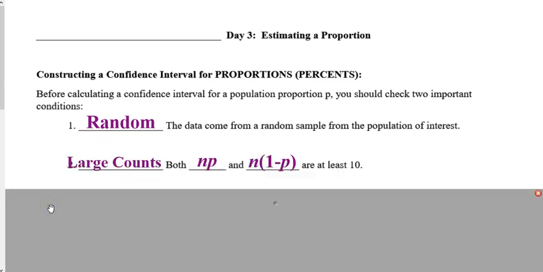Also, what we've already done, the large counts check. We've already done this before. Both n times p, remember p is, you go to the dollar store and you buy your candy, and n times 1 minus p, that's your change you get back, are at least 10. So remember, you buy a 35-cent piece of candy, that's your p.